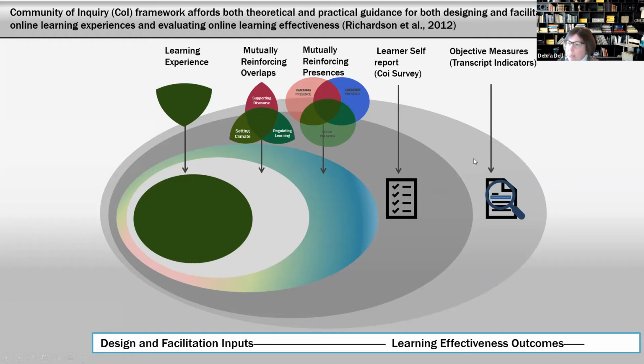So really, I want you to think about this particular slide as we move into practicing together, because this really sets the stage for what we want to do with the tool that we've loaded for this practice session. And really begin to think of COI as both a theoretical and a practical guidance model so that you can design and facilitate your online courses.